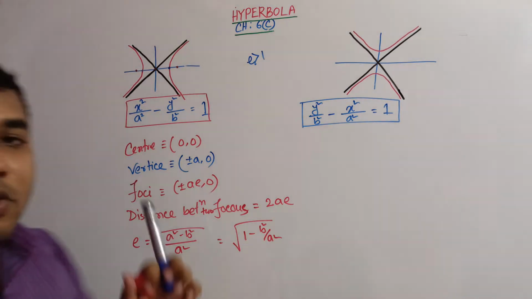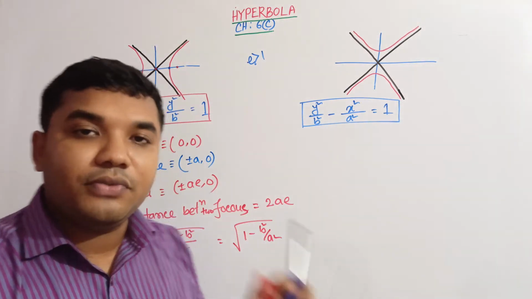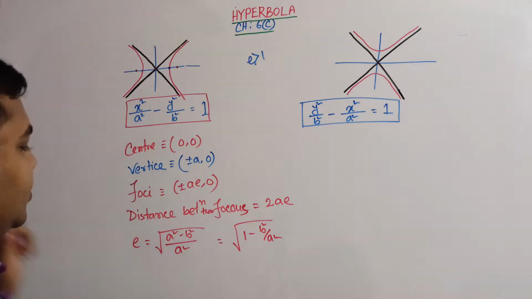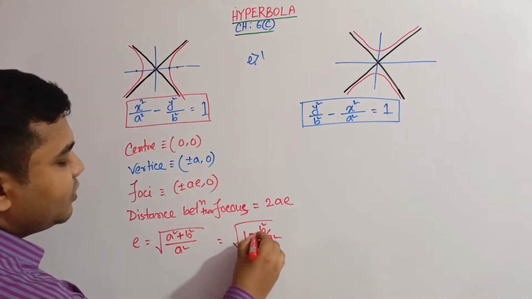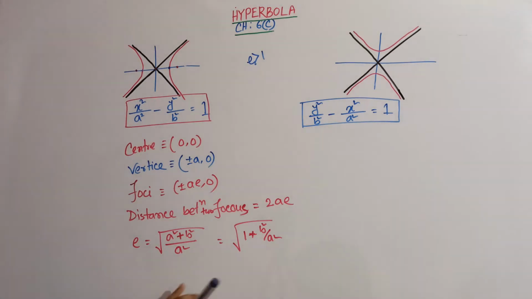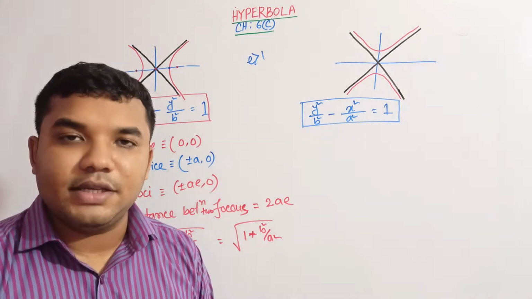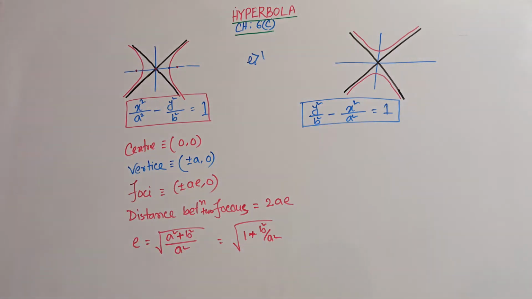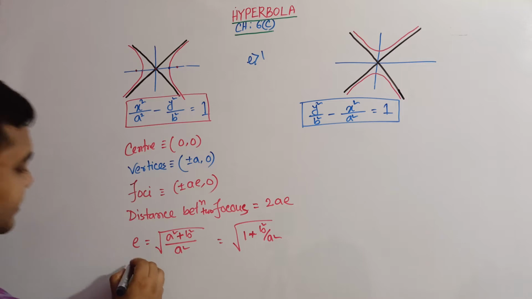It was minus for the ellipse, but in the case of the hyperbola, it should be plus. It is the eccentricity of the hyperbola. Then directrix. What should be the directrix?